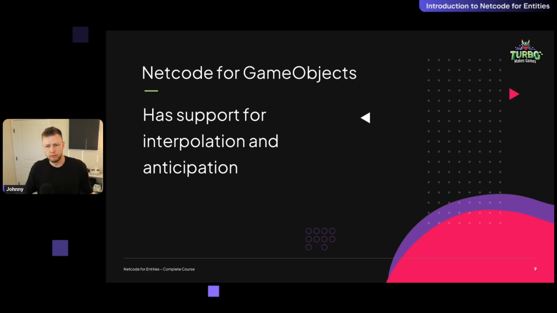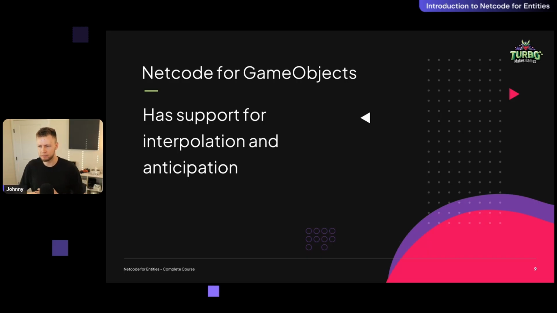So another feature of Netcode for Game Objects is that it has support for interpolation and anticipation. Interpolation is a way to smooth out data between network updates. And anticipation is a simple guess of what the values are going to be at the current network tick, factoring in some latency of data being received from the server.